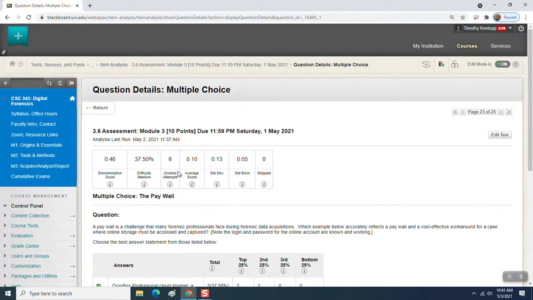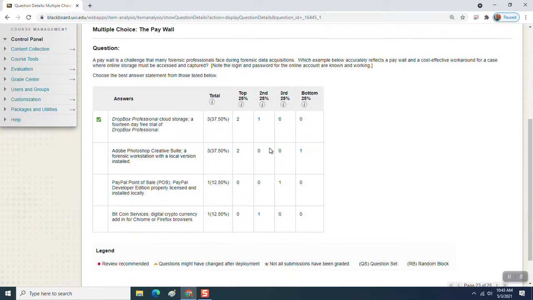Paywall. So oftentimes when you have cloud-based applications and you have malicious actors at a site, this is a challenge for many forensic professionals. You have to have the same kinds of applications and resources to access the document files and data files a client's system and applications will produce.